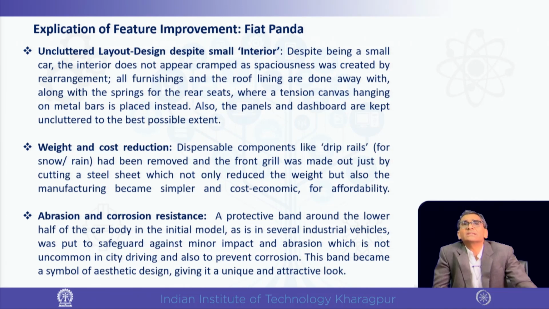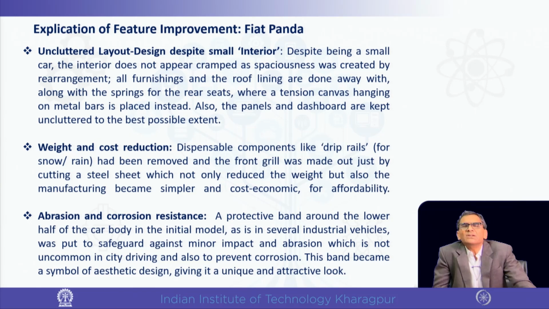The unclutteredness, briefly, is created by rearrangement: all furnishings and the roof lining are done away with, and the springs for the rear seats. Also the panels and dashboards are kept uncluttered to the best possible extent. So it gives a sense of spaciousness.